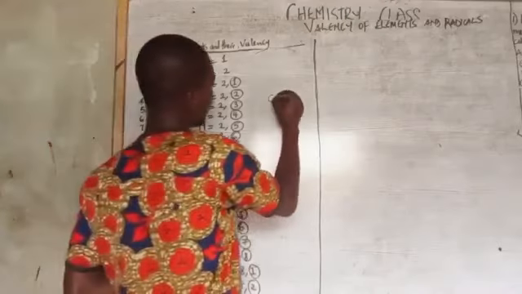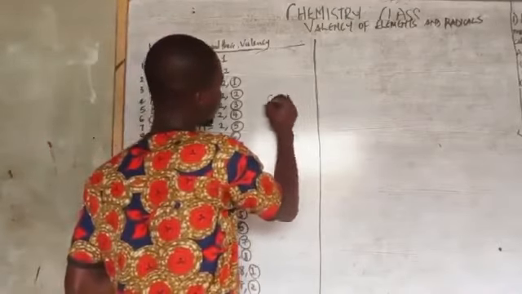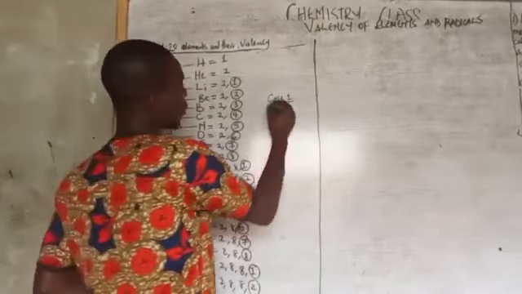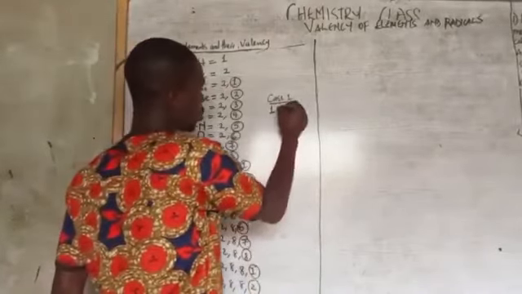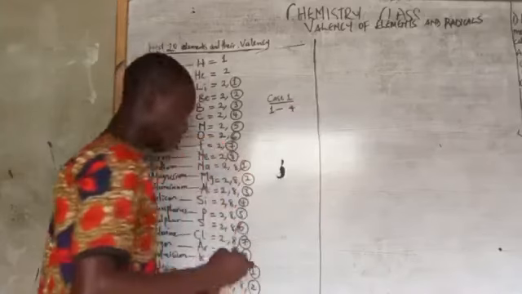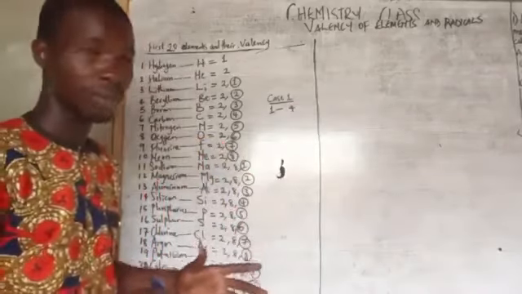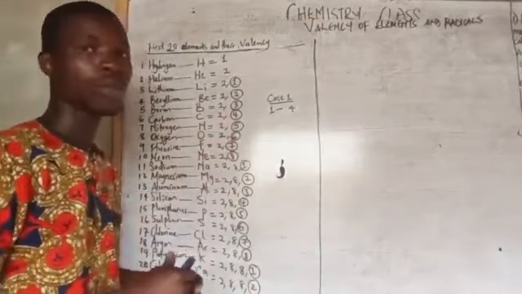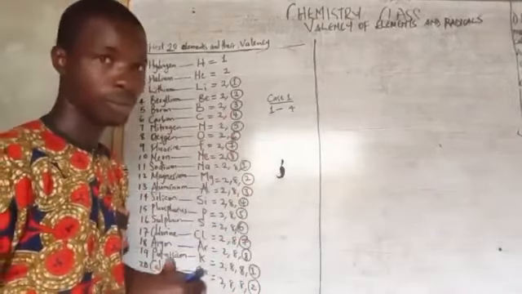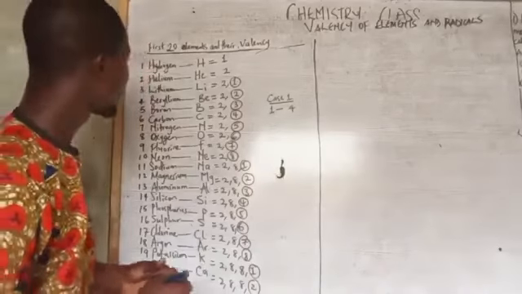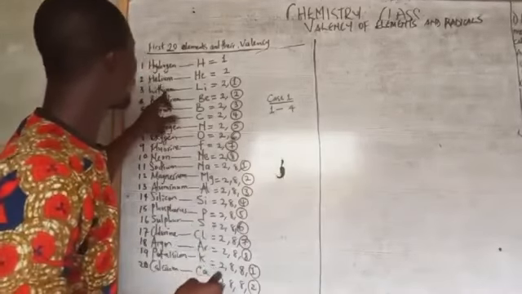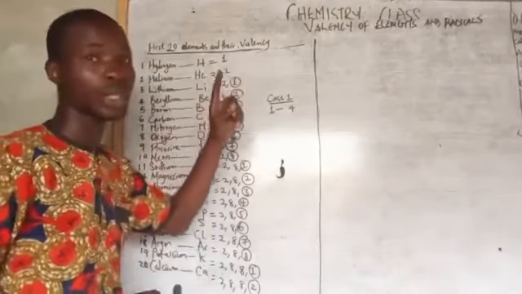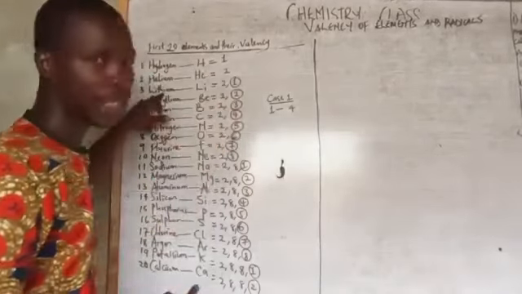Case 1: all elements whose valence electrons are from 1 to 4 keep the same valency, meaning their valency remains just 1 up to 4. So, the valency of lithium is 1, meaning that only one hydrogen can combine with lithium.